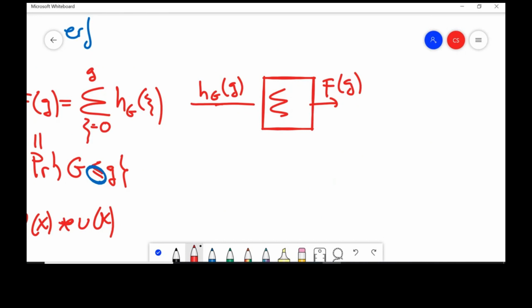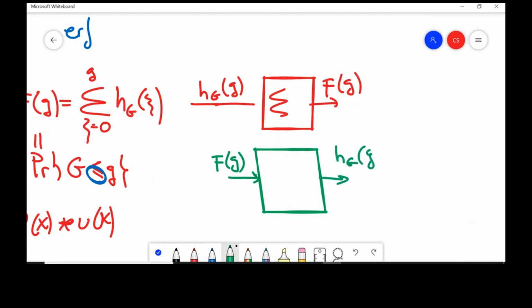So what is the opposite of summing? Now I want to construct the inverse system. This inverse system will receive F of t, and I want to recover h of t. So what is the inverse?